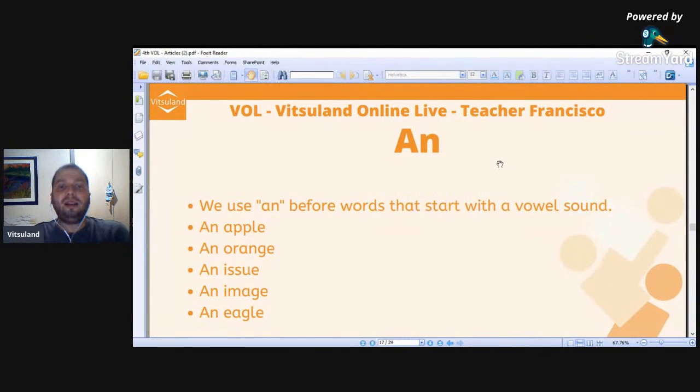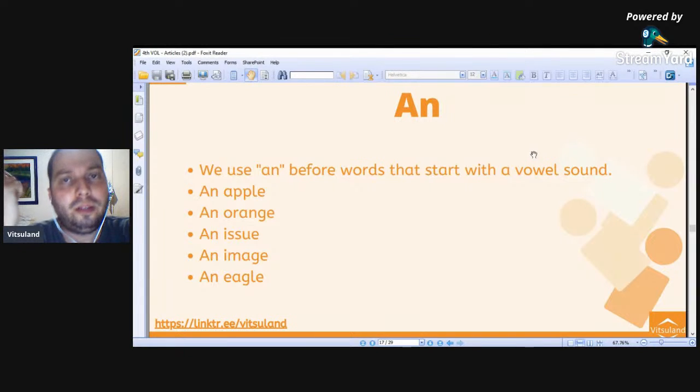And we use an before words that start with a vowel sound. So in the case of vowels, or vowel sound, because we're going to verify some exceptions in the next slide. So we use an apple, an orange, an issue, an image, an ego.